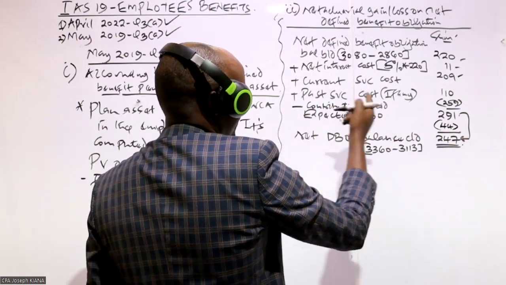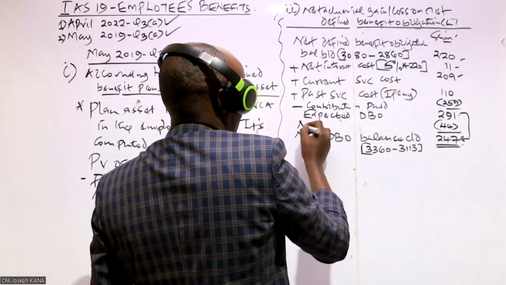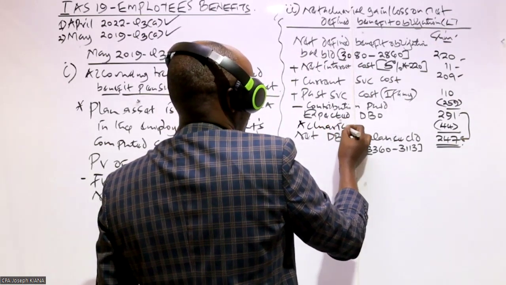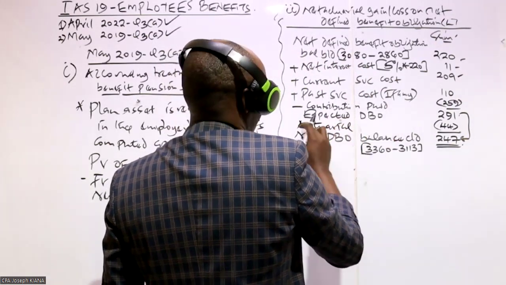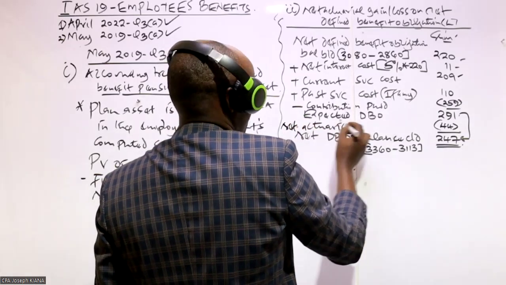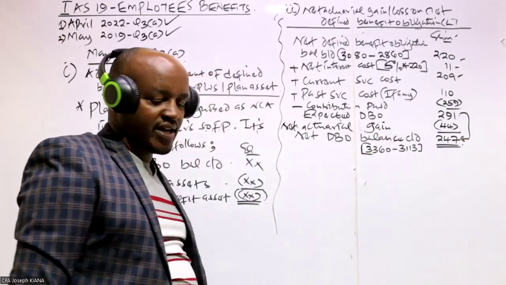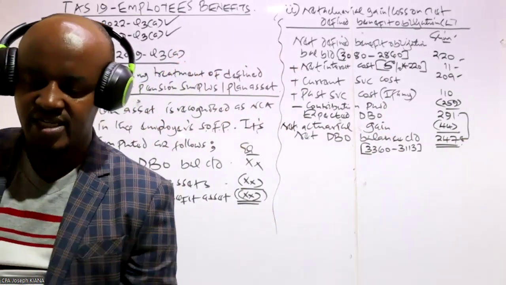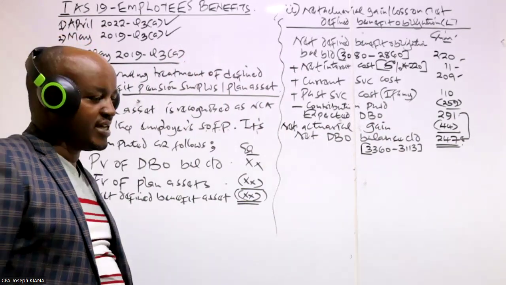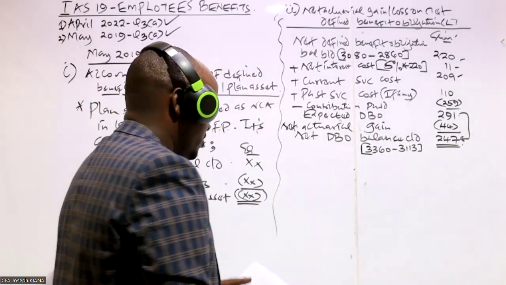And because this is a liability, as we said, anytime the value of the liability reduces, that is a net actuarial gain. Whenever the value of the liability has reduced, that is a gain. So that is one of the first items which the candidates were required to compute there.